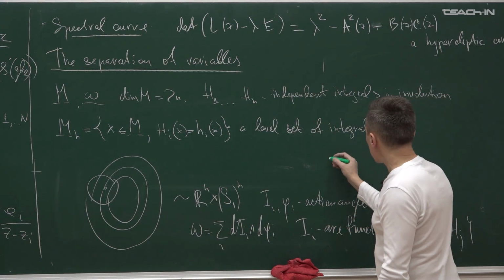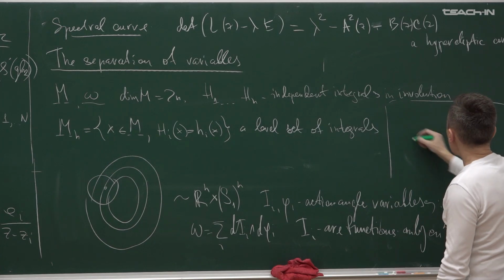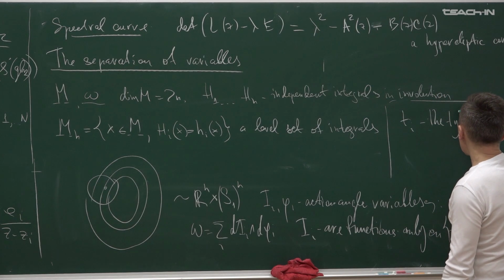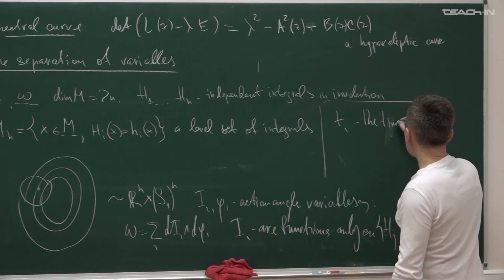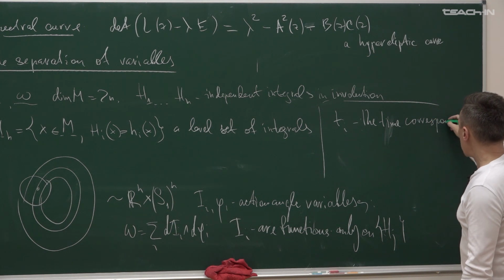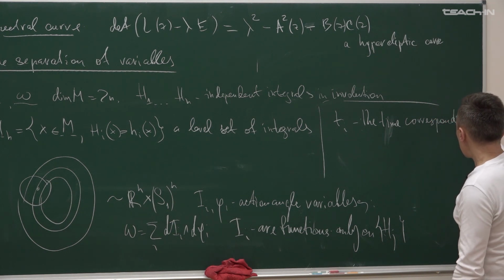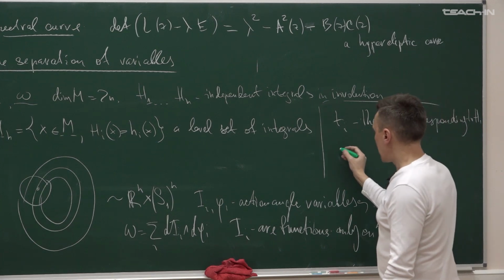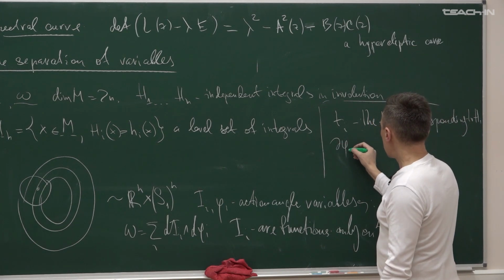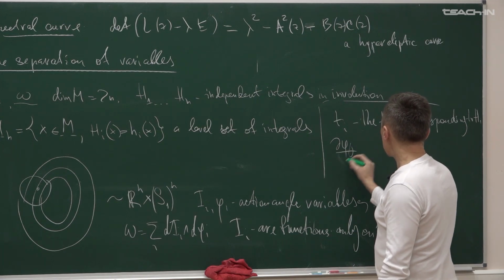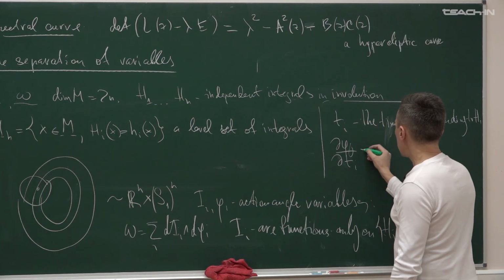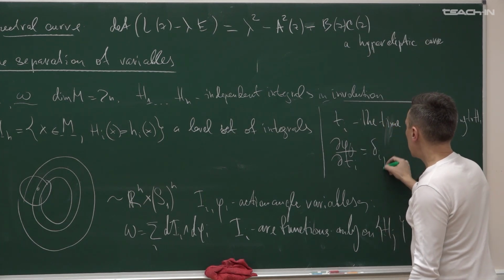If t_i is the time corresponding to h_i, then d phi_j with respect to d t_i is just a delta function.